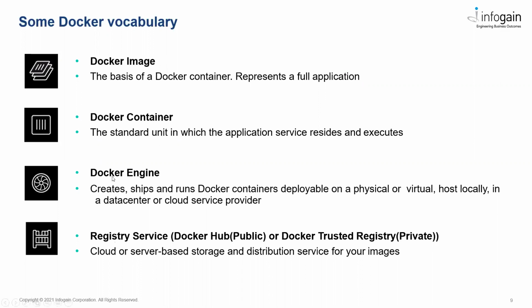Now you must be thinking about the Docker engine. It helps you to create, ship, and run Docker containers and deploy them on a physical or virtual host, locally in a data center or on a cloud service provider. Basically it works like a client-server application.